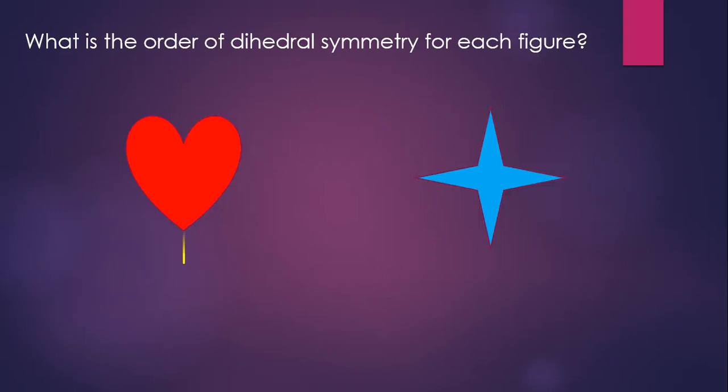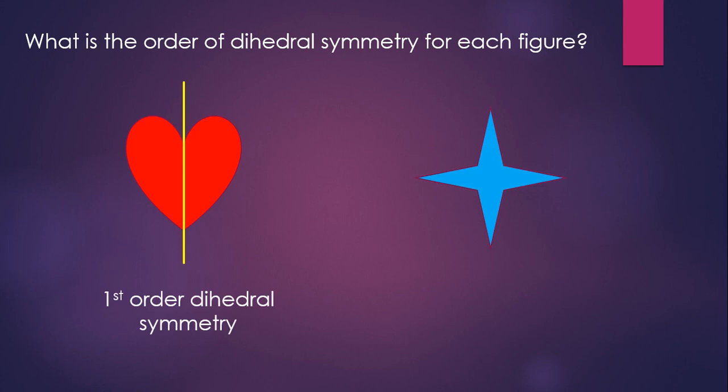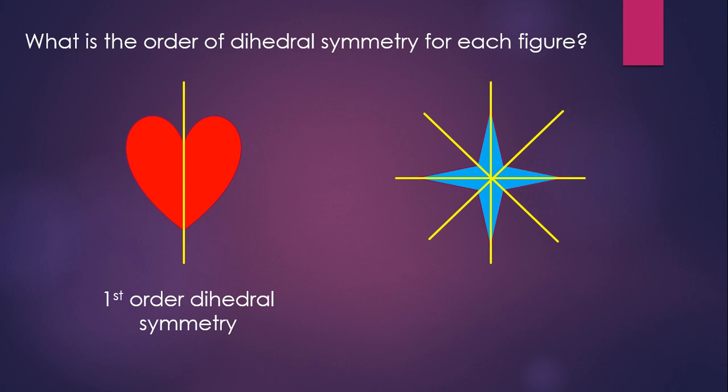The one on the left has only 1 line of symmetry, so it has first order dihedral symmetry. The figure on the right has 1, 2, 3, 4 lines of symmetry, 4 lines that we could fold this figure on, and the halves would meet up with each other, which means this figure has 4th order dihedral symmetry.